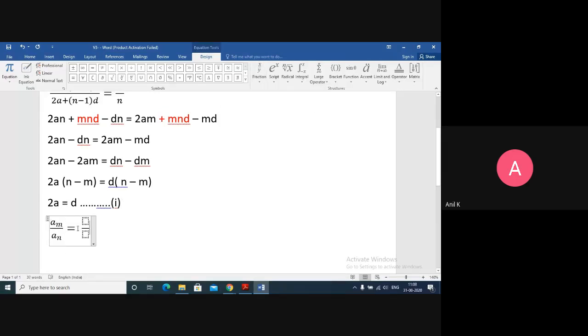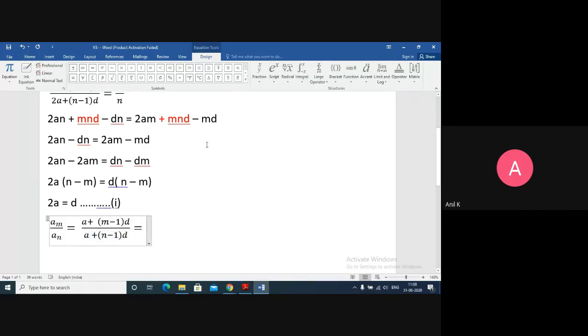So we can write the formula of am. What is the formula of am? a plus m minus 1 into d upon a plus n minus 1 into d.